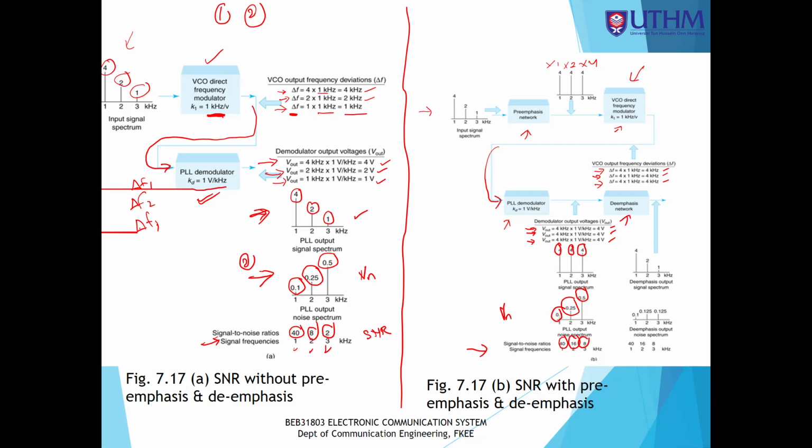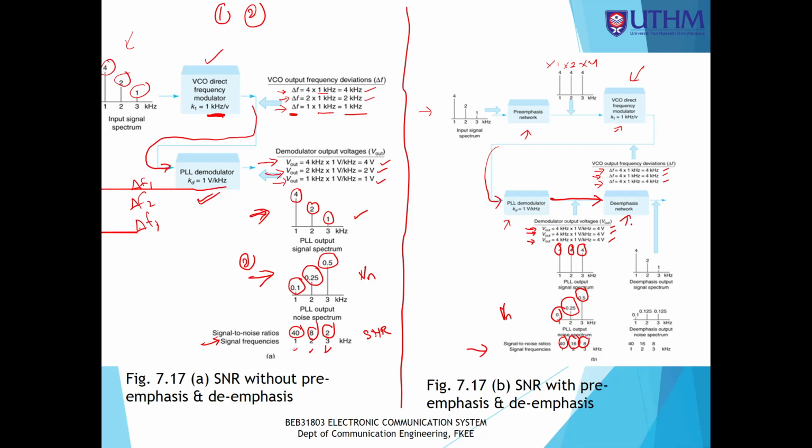Okay, so this is not finished yet, because we need to supply the signal to the de-emphasis. We need to reduce the amplitude with the same amount like we increase at the transmitter. So times 1, times 2 and times 4, we need to reduce, divide 1, divide 2 and divide 4.